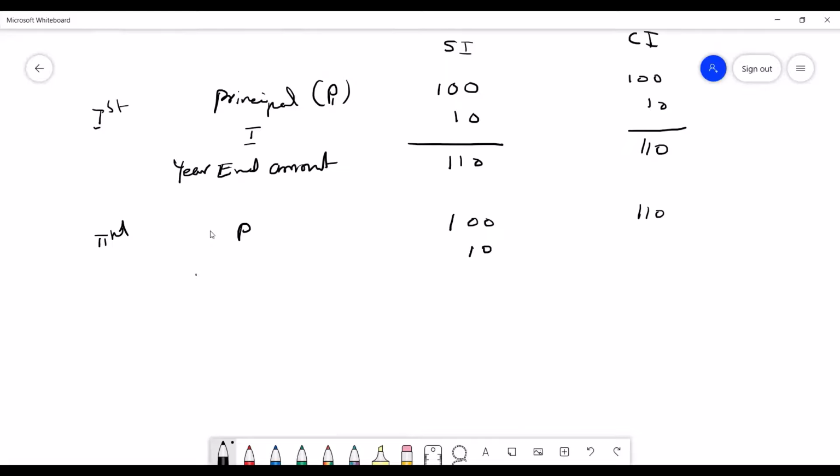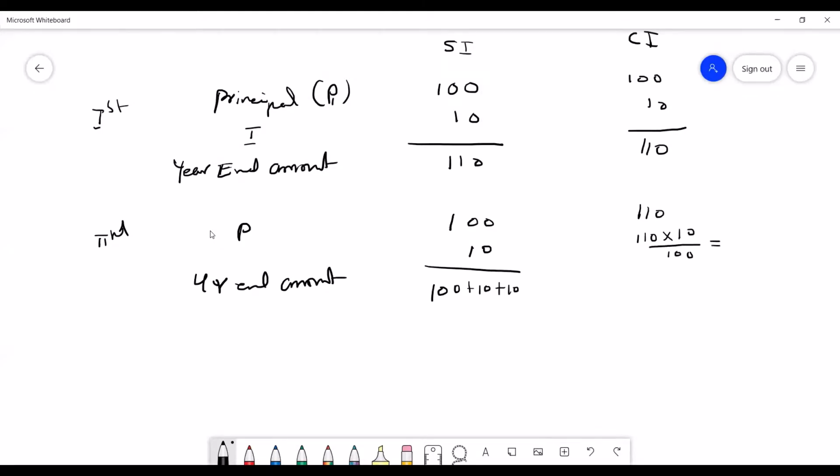And year end amount will be 100 plus previous year 10 plus this year 10. And here 110 is the amount after adding the interest of the previous year, and the interest will be calculated on that. Like this, it will be calculated.